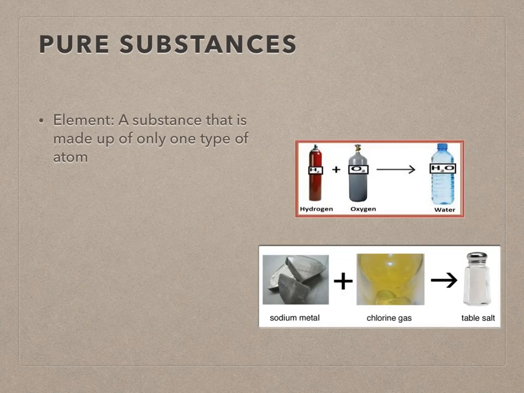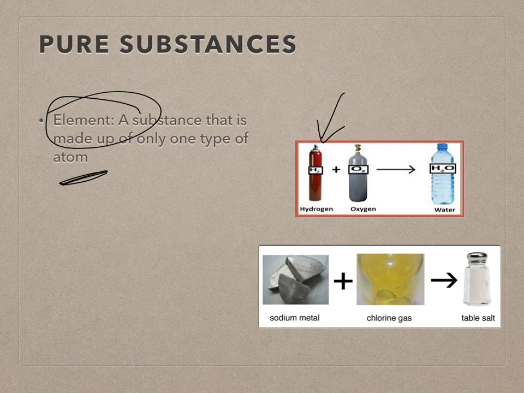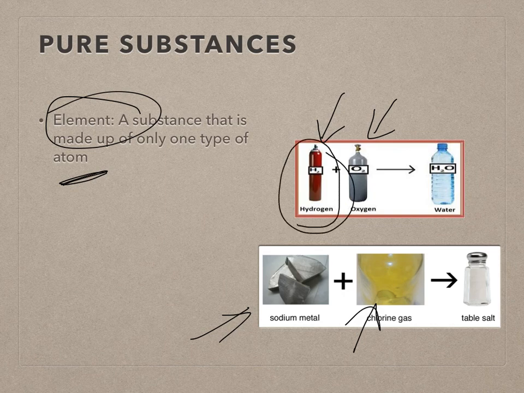And then we have pure substances. We had mixtures that we were talking about. Now we're talking about pure substances. One of those could be elements. An element is something that has only one type of atom. We could be talking about hydrogen, oxygen, sodium, chlorine. And it doesn't really matter whether things are single atoms or have multiple atoms bonded together.